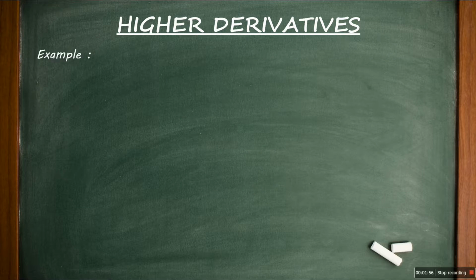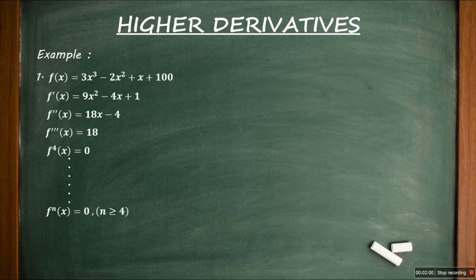Okay, now look at some examples. The first example shows that f(x) equal to 3x cubed minus 2x squared plus x plus 100. The first derivative we will get is 9x squared minus 4x plus 1. The second derivative is 18x minus 4. The third derivative we will get 18, which is just a constant.